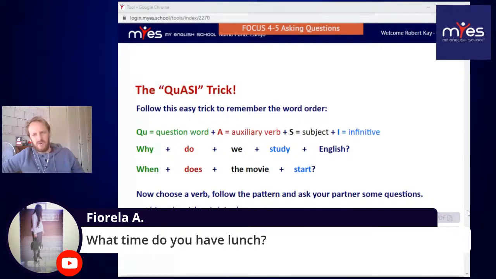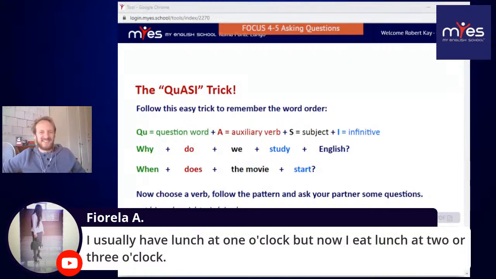So later and later, I don't know. Is this because of lockdown? You eat later because you are inside, or just because you like eating later? Because 2 or 3 o'clock is a little bit late for me. I eat at 1 o'clock, always 1 o'clock.